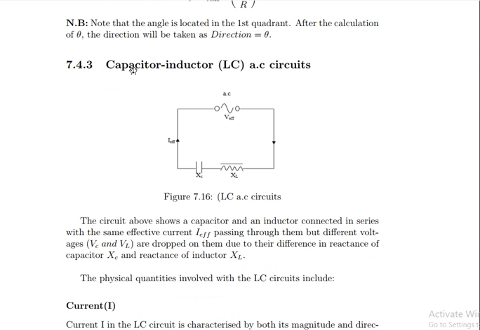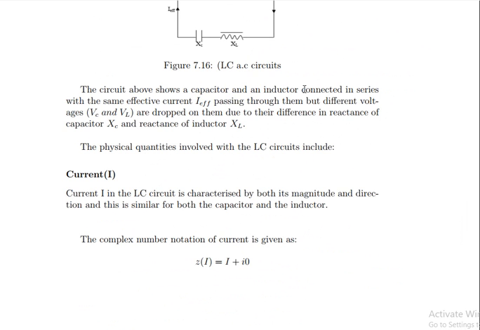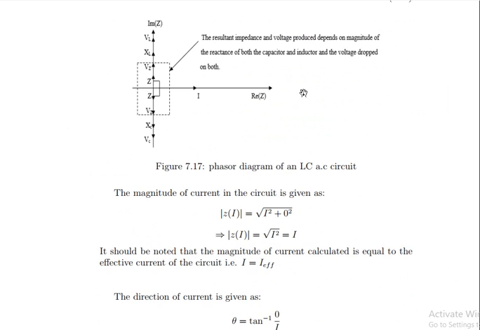Now let's say you have a capacitor inductor AC circuit. In this case, you need to know that you are not involved with resistors here, so you are not going to have the resistor and the VR line in this direction. We are just going to have the capacitor reactance XC here, and the voltage of the capacitor here.